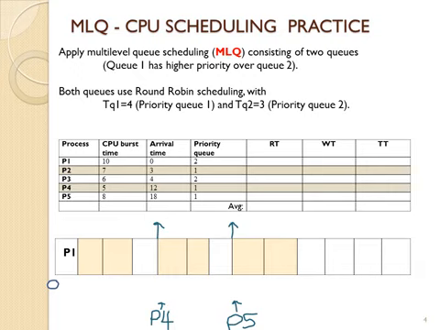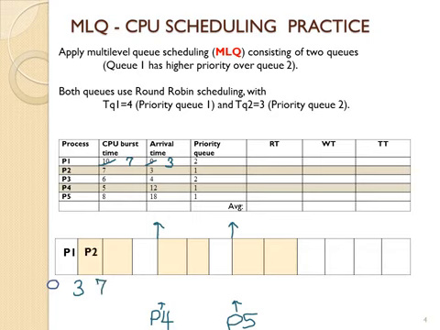But since the priority 1 does not arrive until time 3, P1 will get to finish its complete time quantum. So P1 has finished its time quantum, and now the current time is 3. In our ready queue, we have P1 and P2, and P2 has a higher priority. So P2 is going to go and it gets a time quantum of 4.